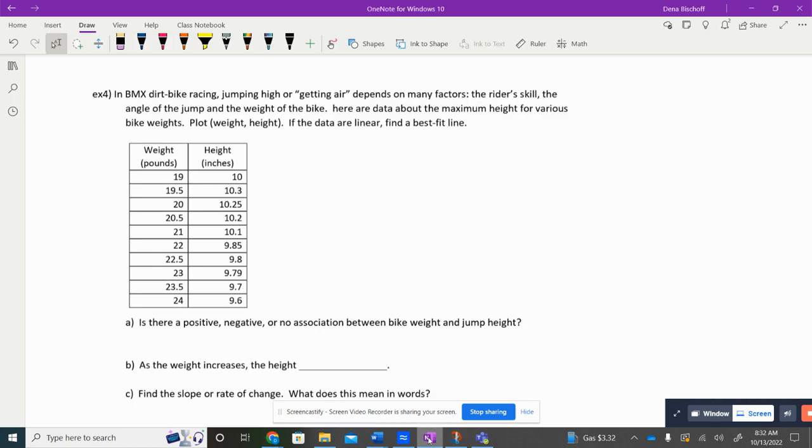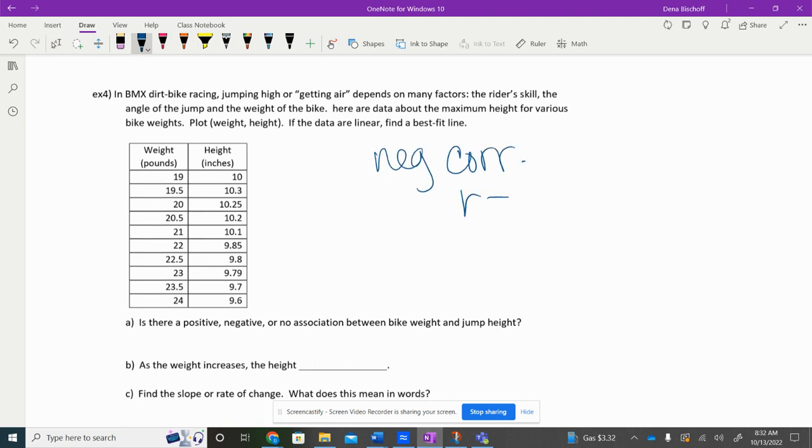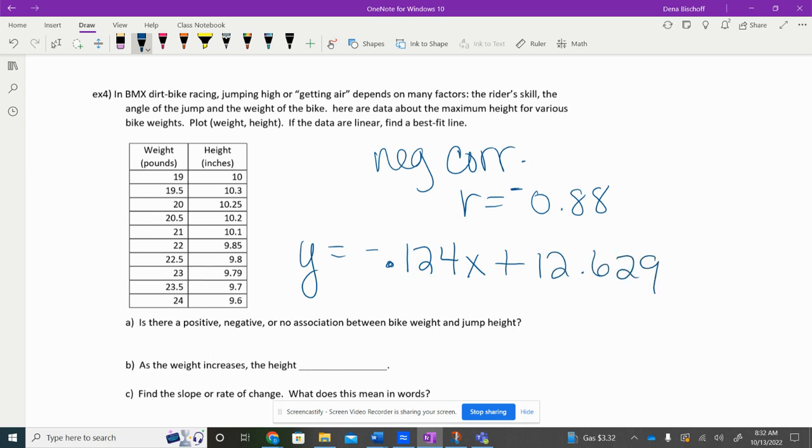I wrote that this has negative correlation. I wrote down what my R is, 0.88, and it's negative. And then I said my equation is Y equals negative 0.124x plus 12.629.